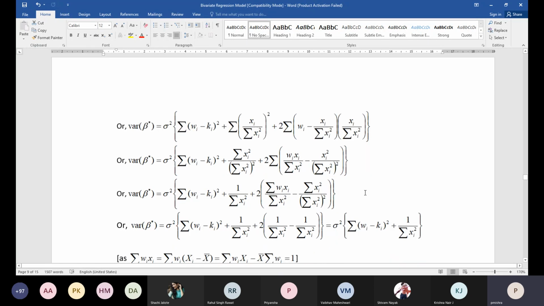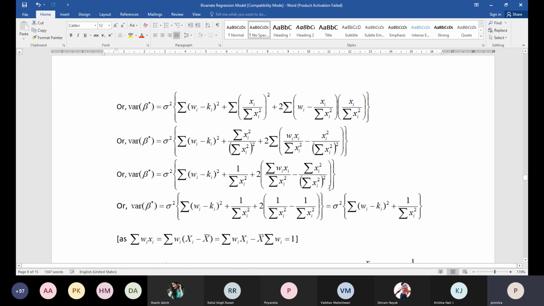Now, what is wi small xi? Summation of wi small xi can be rewritten as summation of wi, and you know small xi means capital Xi minus x bar. So this essentially gives us summation of wi into capital Xi minus x bar into summation of wi.